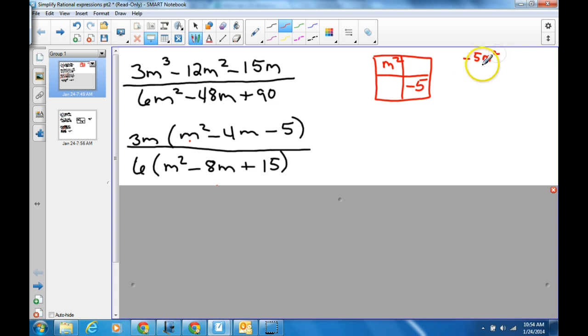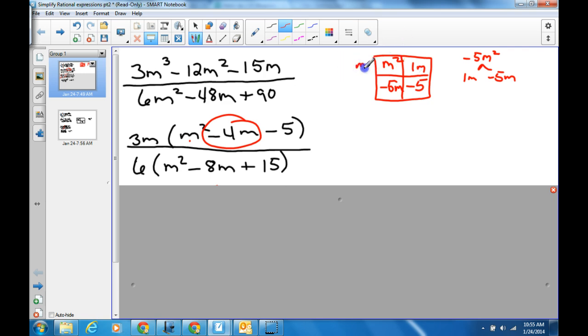And I need to find my factors of negative 5m squared that will add up to be negative 4m. It's going to be 1m and negative 5m. Okay? So I can put those anywhere in here, these two leftover boxes. Okay. So, top row, what can I factor out?